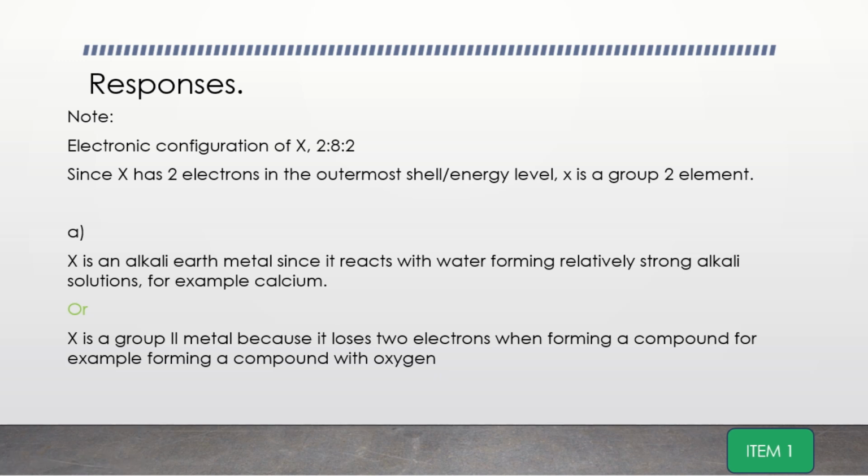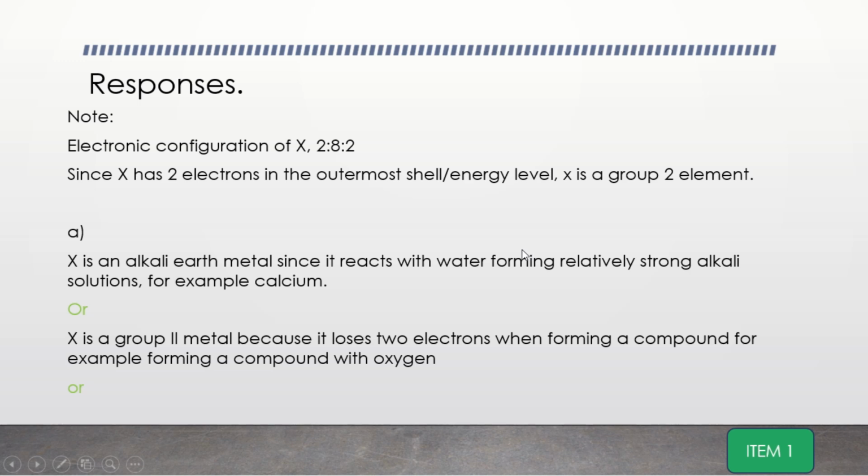So calcium will form calcium oxide, like X. Also calcium has 2 electrons in the outermost shell. So when it is reacting, since it is a metal, it will be forming an ionic bond with this compound, whereby it will have to give away these 2 electrons in the outermost shell.